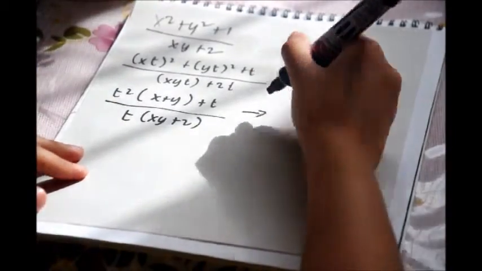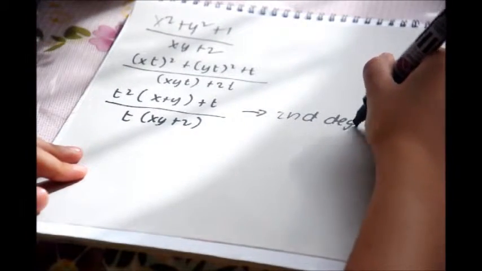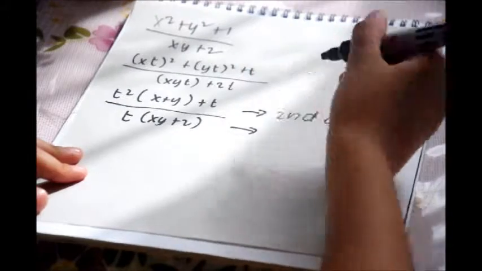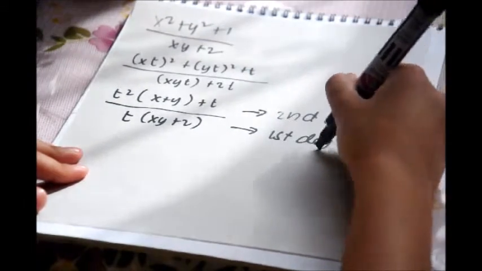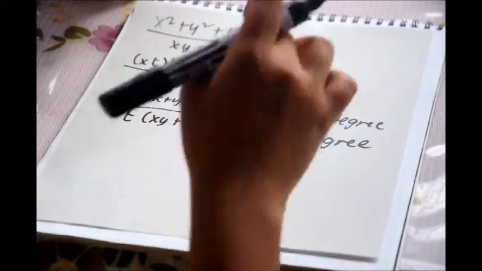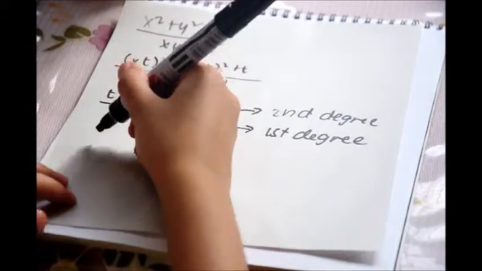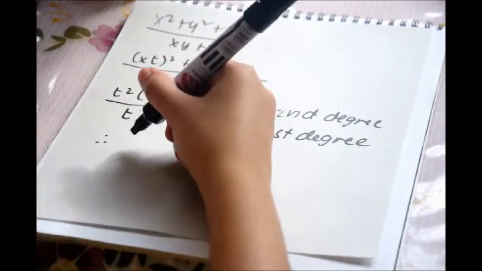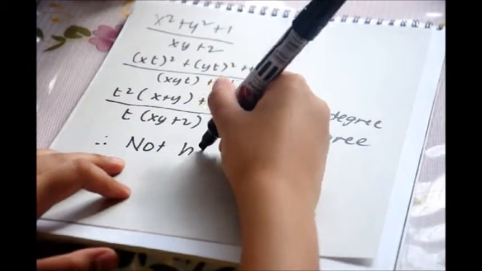Now you can see that the numerator is of second degree and the denominator is of first degree. By the definition of homogeneous equations, these two should be of the same degree. However, it is not. Therefore, we conclude that this expression is not homogeneous.